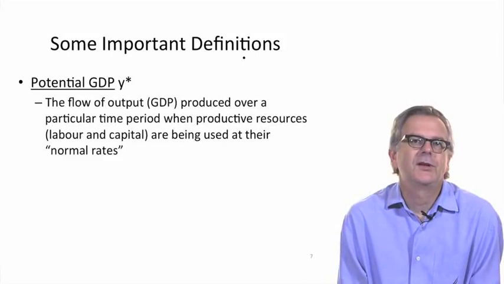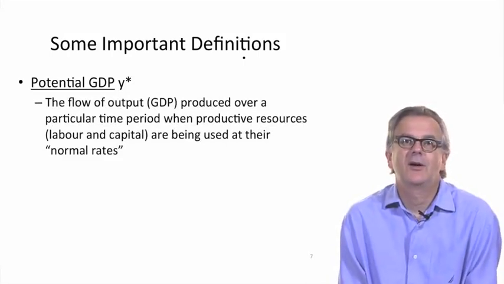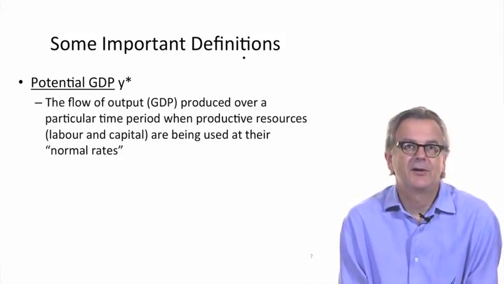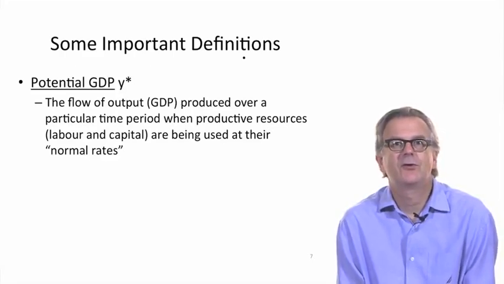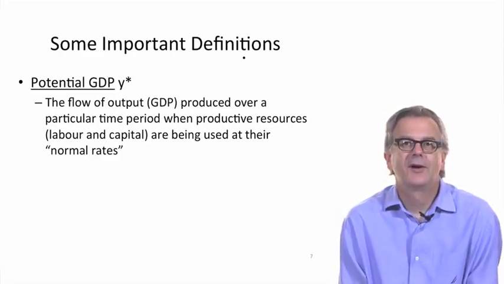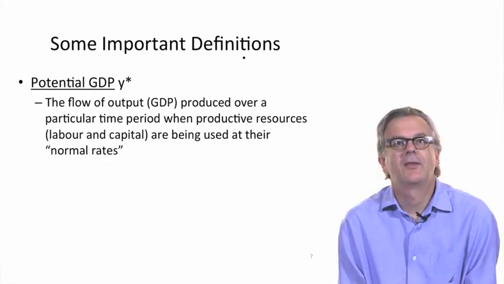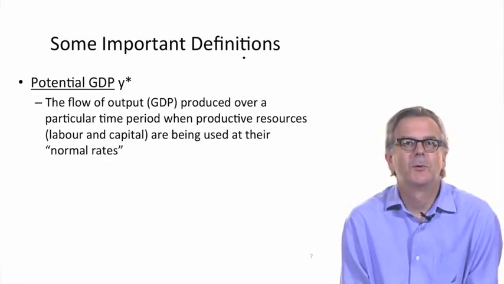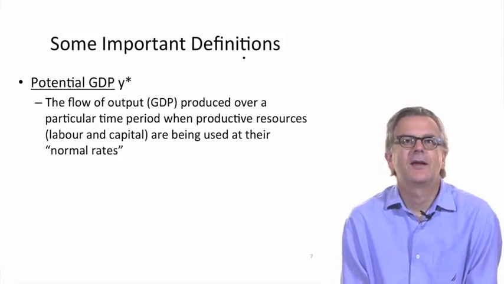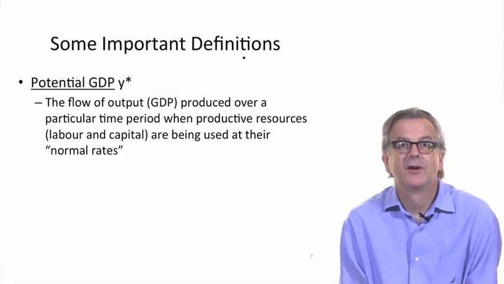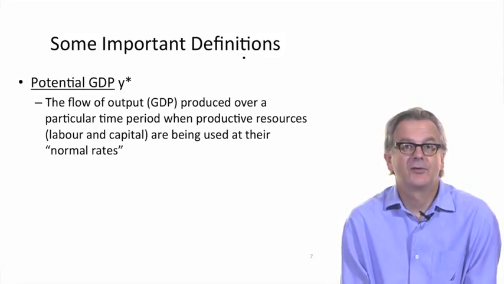Think of potential GDP as being, over some particular time period, the flow of output or GDP that is being produced when the productive resources, in particular labour and capital, are being used at what we might think of as their normal rates. Think of potential GDP as being the output that we observe in the context of long-run growth economics, for example.